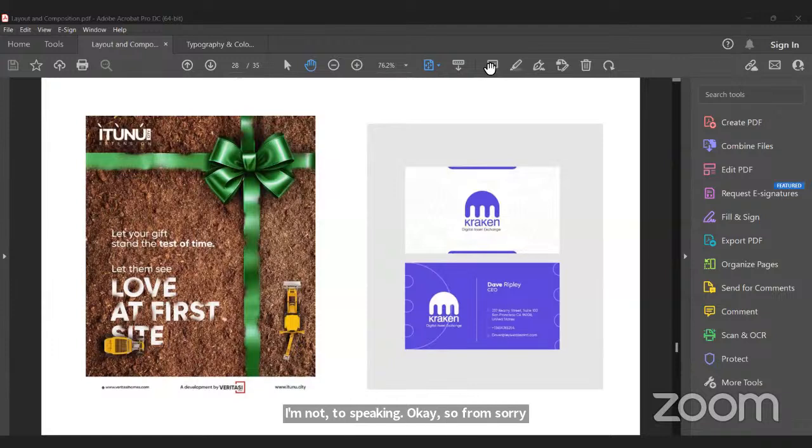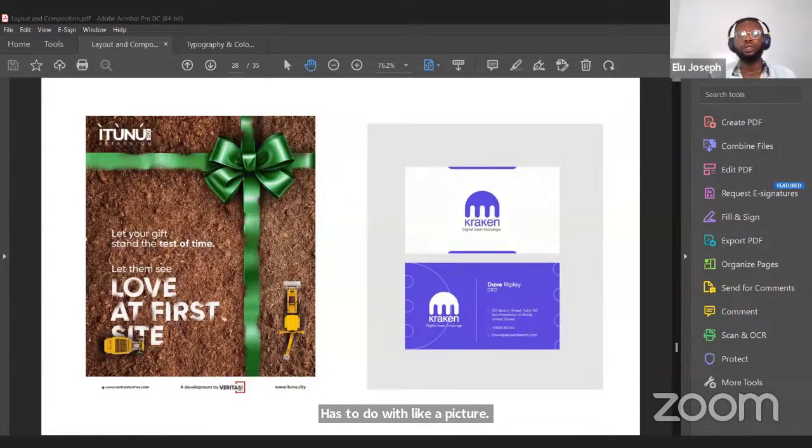From what you explained so far, I find out that vector and raster are more or less alike, and vector is a plain image, a kind of plain or color image. But does vector have to do with a picture? Can we differentiate? I will differentiate that for you now.